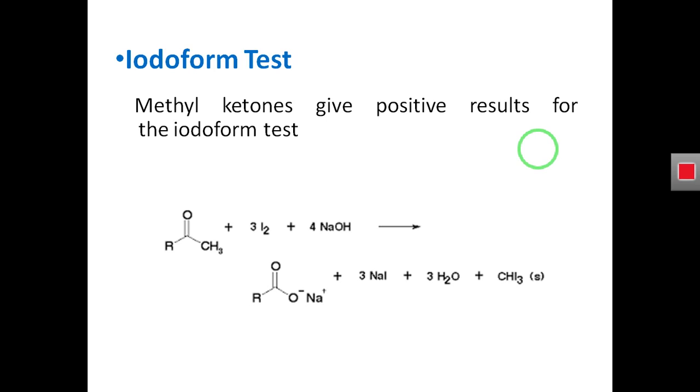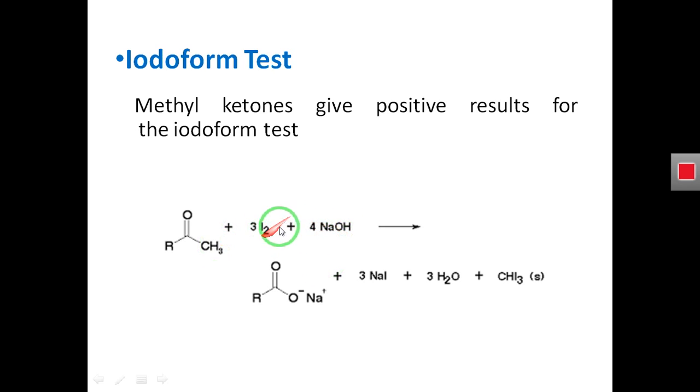And the other test for the identification of ketone is the iodoform test. In the iodoform test, we detect methyl ketone. What will be the reagent for this iodoform test? The reagent will be iodine and sodium hydroxide.